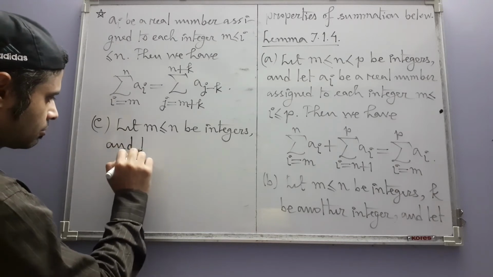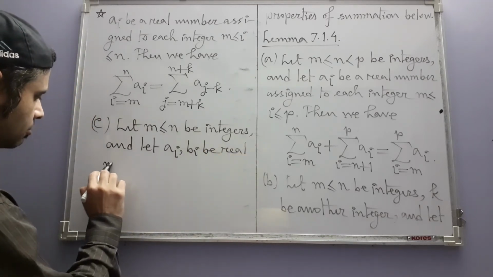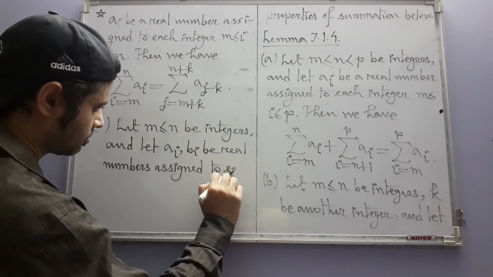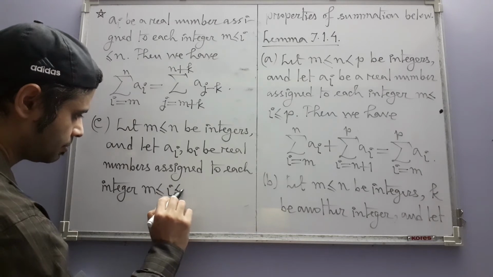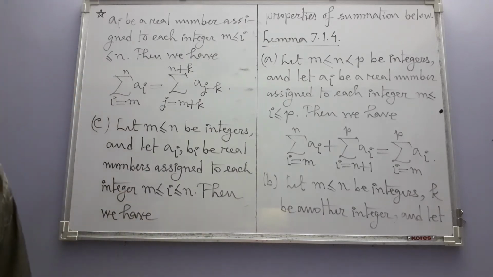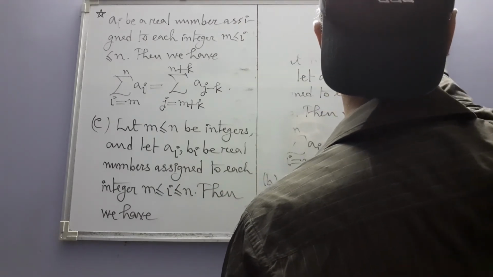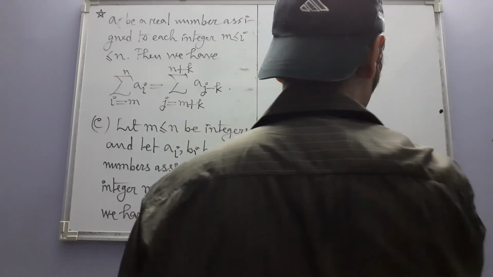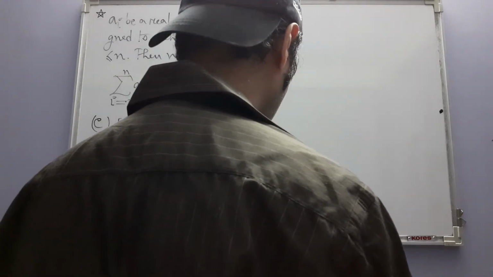Let a_i, b_i be real numbers assigned to each integer i lying between m and n. Then we have, it's this one.